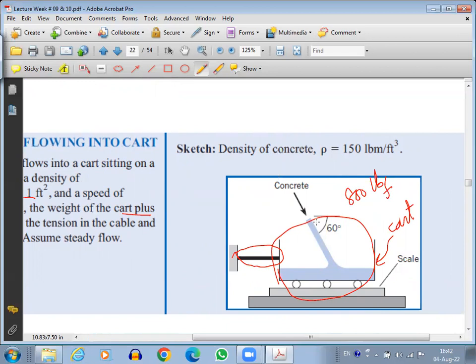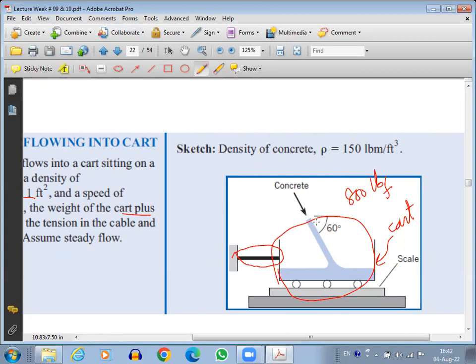Is the scale going to give more weight or less weight? Say you have some container and you're throwing water or any fluid into it. Because of the force of the water, the scale is going to give a bigger reading than the actual weight. Until and unless you stop the flow of the fluid, you're not going to get the right reading.